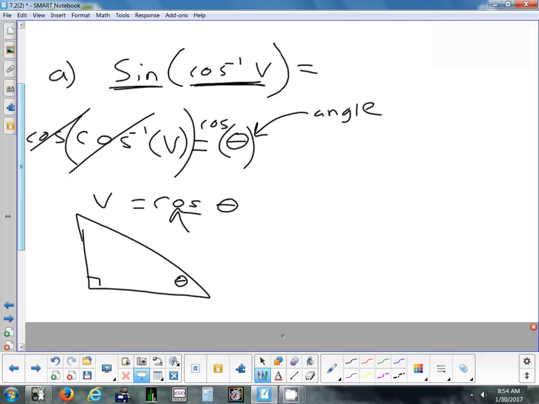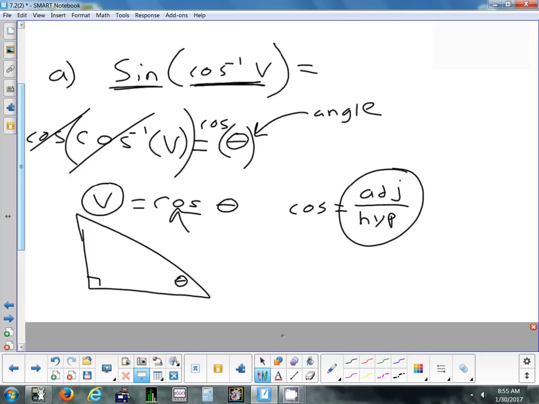So first of all, I'm dealing with cosine. What two sides should I be thinking about here? Adjacent and hypotenuse. Yes, cosine is adjacent divided by hypotenuse. So in this diagram, I need you to label the adjacent side and the hypotenuse. You can use anything you want, as long as when you divide them, the answer comes out to v.